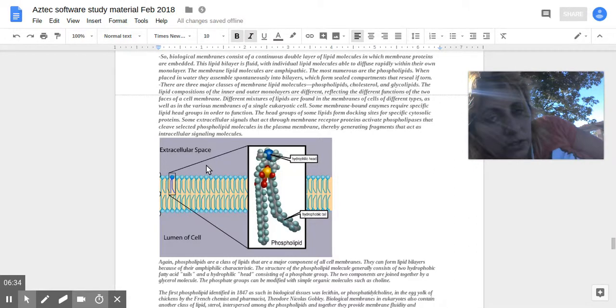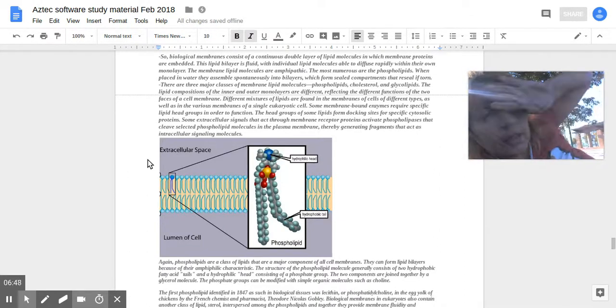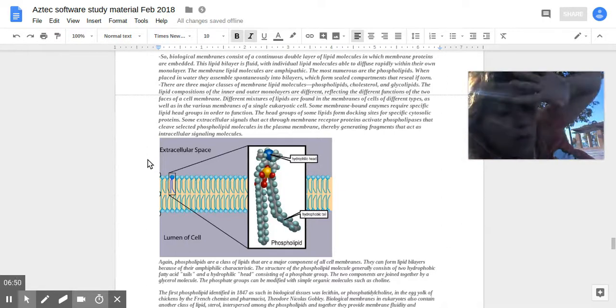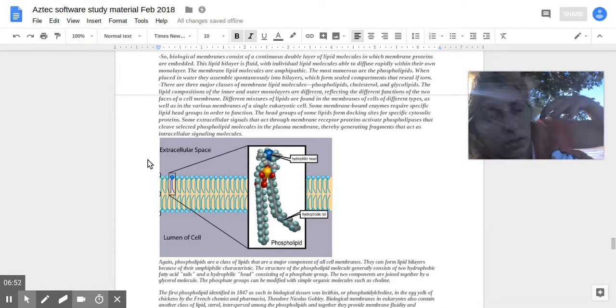In bacterial cells, you have two bilayers, so four rows of phospholipids facing each other. And this is because the second layer in bacteria acts like a cell wall for extra protection.